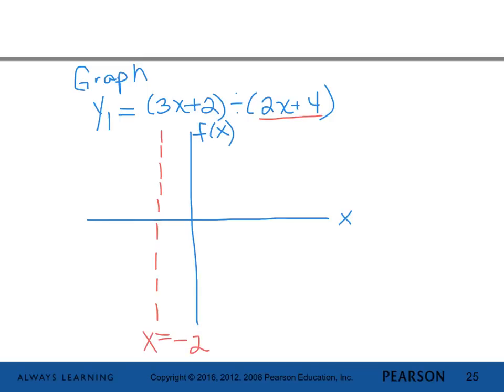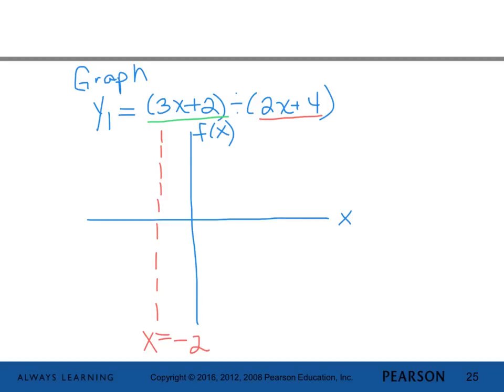And it also has a horizontal asymptote. Because the degree of the numerator is 1 and the degree of the denominator is also 1, we look at the ratio of the coefficients to find the horizontal asymptote.